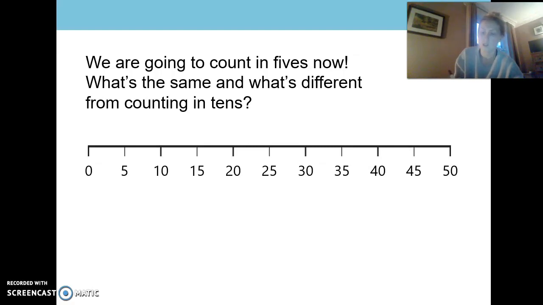I'm only going up to 30 on mine because it's running out of space, but I'd like you to go all the way up to 50. And then we're going to have a conversation about what we notice is different from counting in tens.